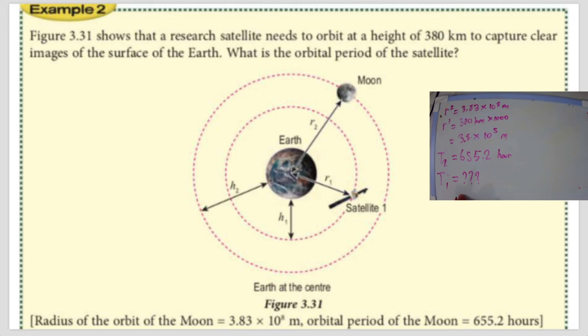The orbital period of the satellite. How much time does it take for the satellite to go around the Earth? All right, now that we have that, we can put everything in the formula.